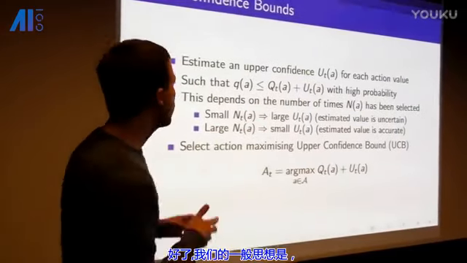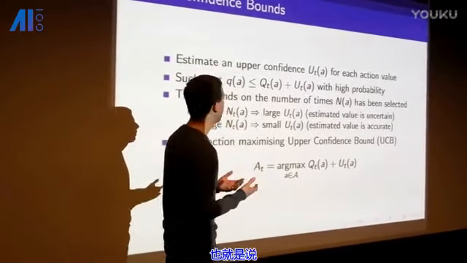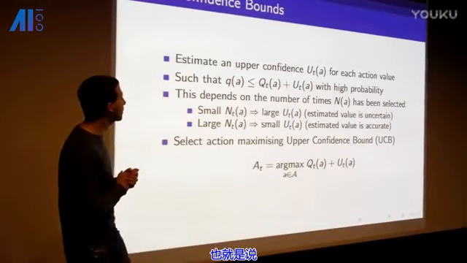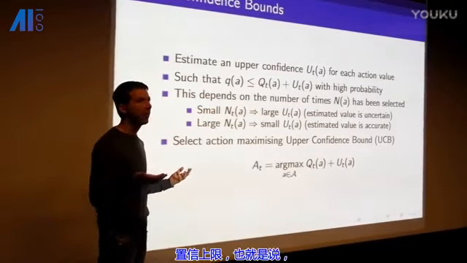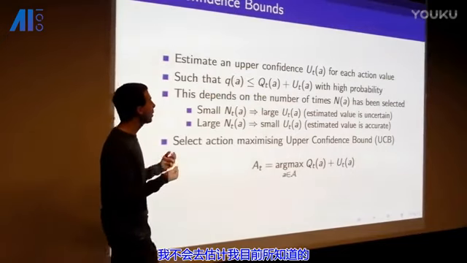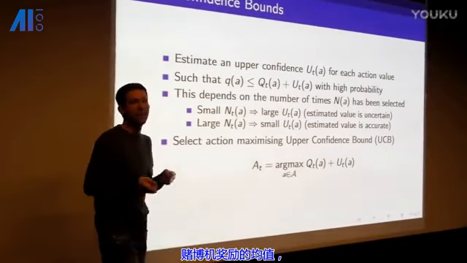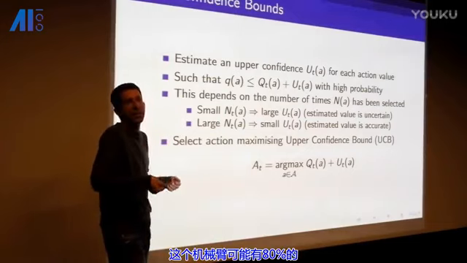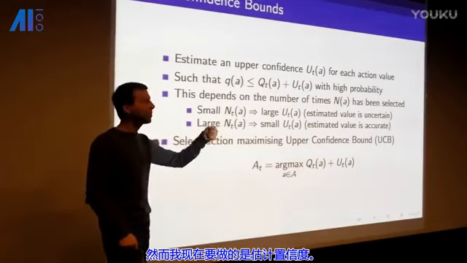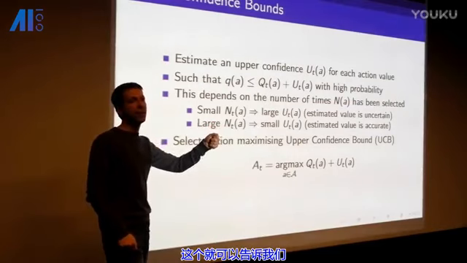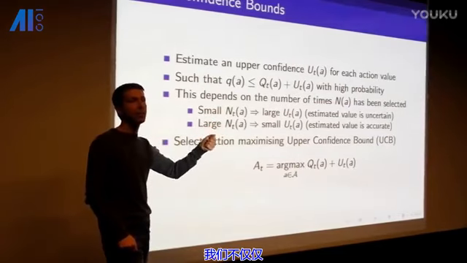Okay, and the general idea we're going to use is something called upper confidence bounds. So the idea is to say, let's come up with an upper confidence for each action value. So I'm not only going to estimate the mean, like the payout I've seen so far, maybe I've seen 80% payout for this particular arm so far, but I'm also going to estimate some upper confidence on what I think that could be. Think of this as the tail of that distribution we just looked at.